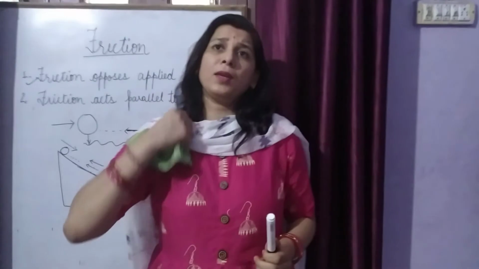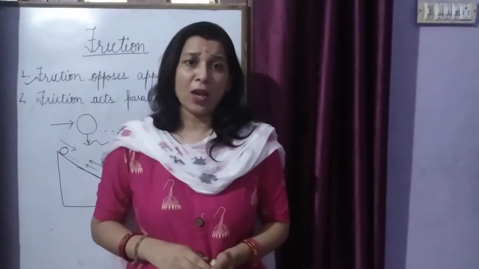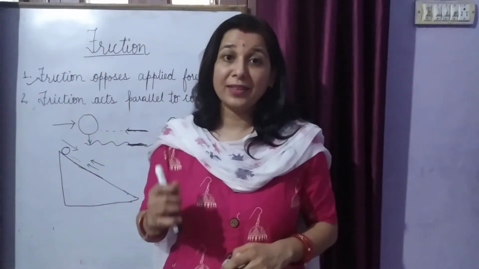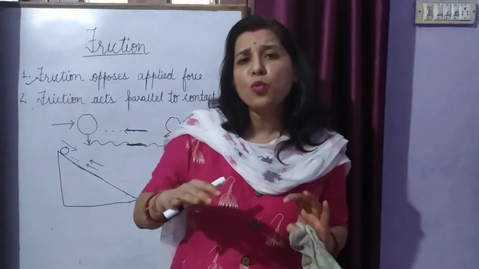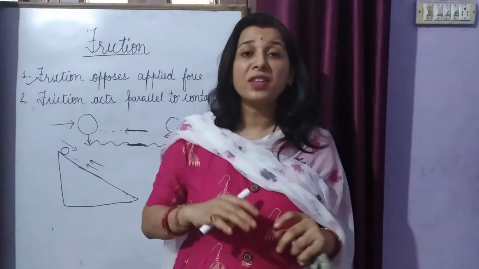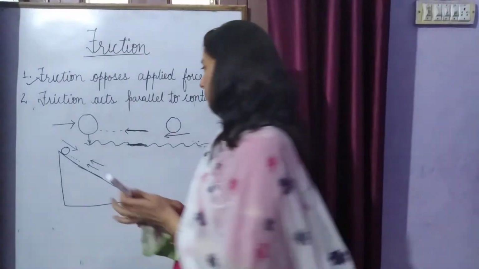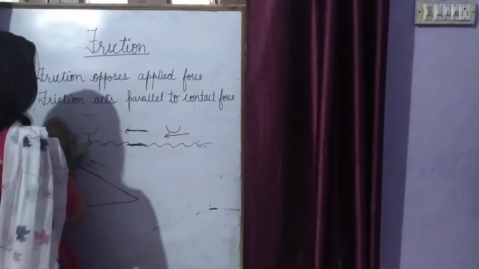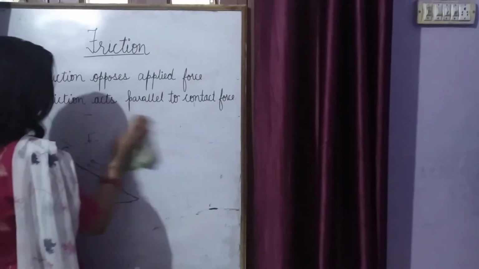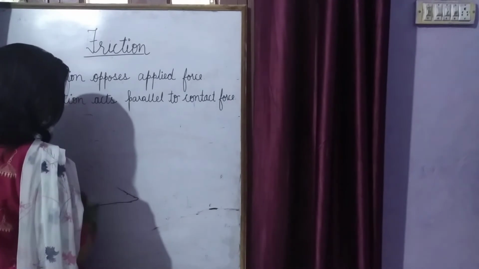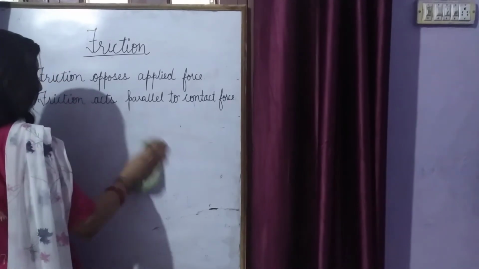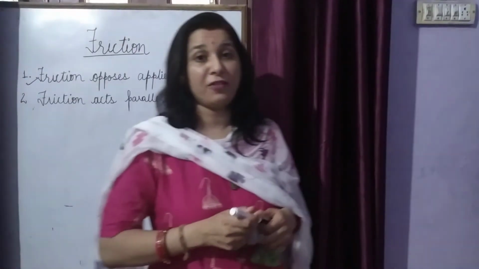Now one more thing. Suppose the athletes are there. What do they prefer? A very smooth surface to run on, or a rough surface? Will they be comfortable on the smooth surface or on the rough surface? Obviously on the rough surface.